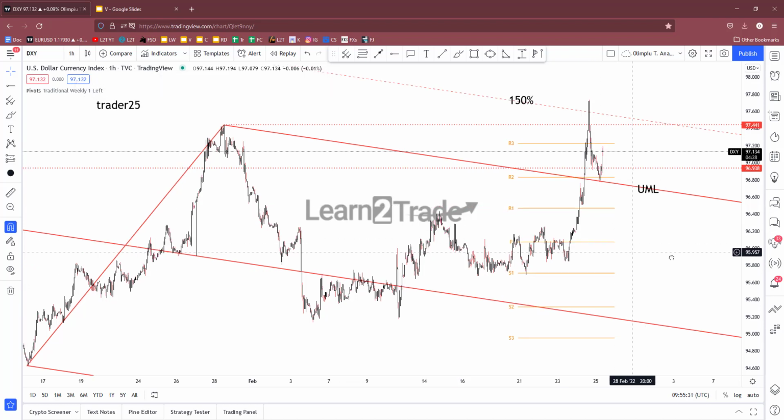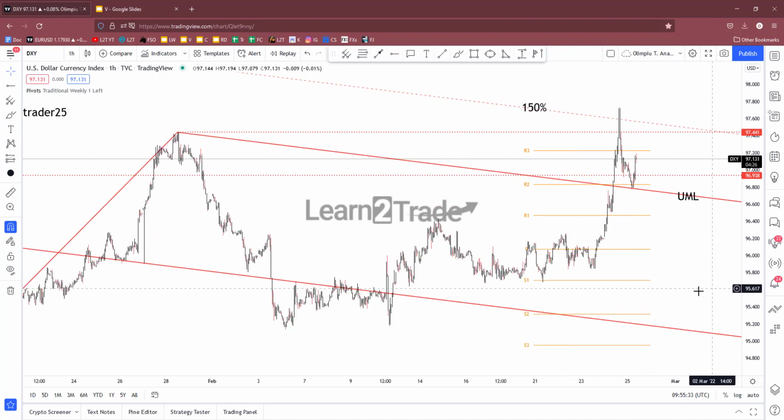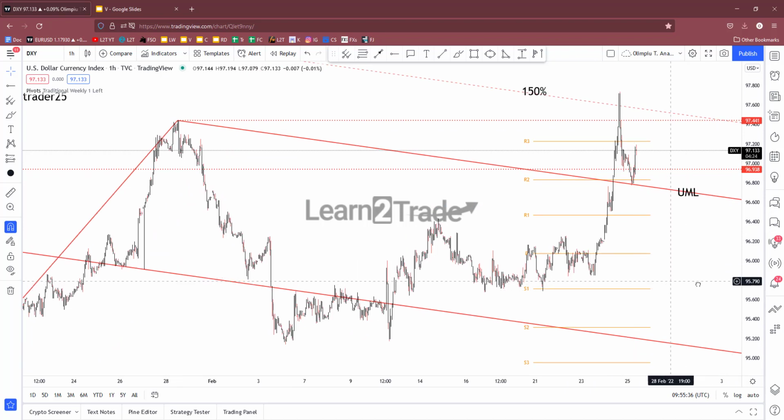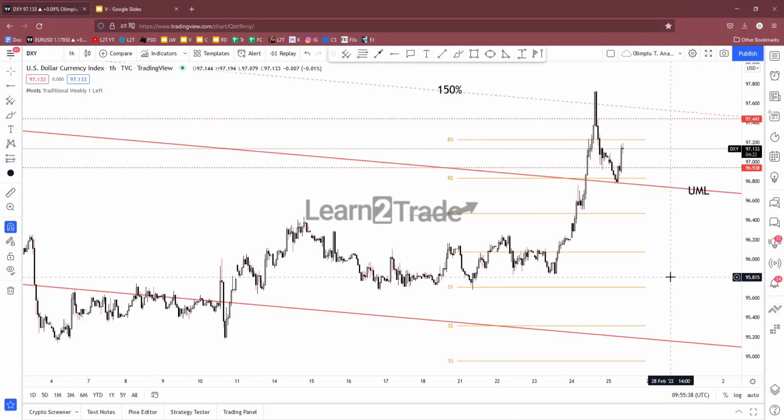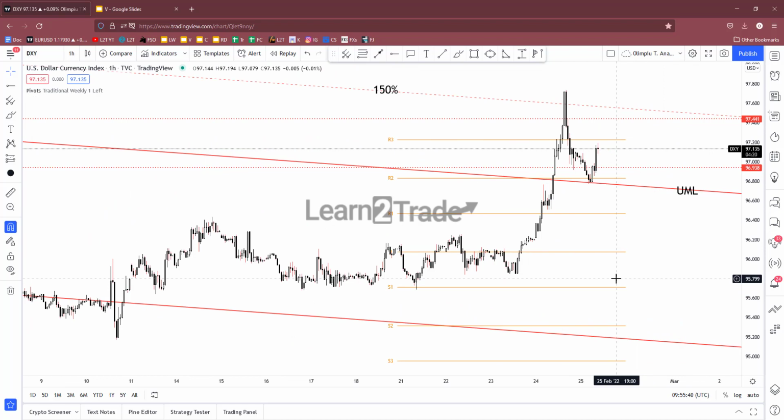So maybe the dollar index, the US dollar, was expected to appreciate versus rivals. The dollar index was somehow expected to grow, to jump higher, to resume its upside movement, as the Federal Reserve is expected to end its quantitative easing, its pandemic QE program, in March, and it's also still expected to hike rates.